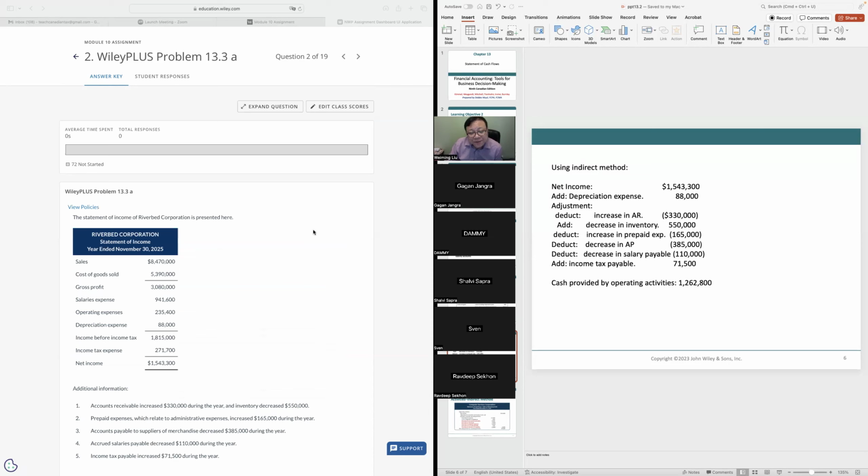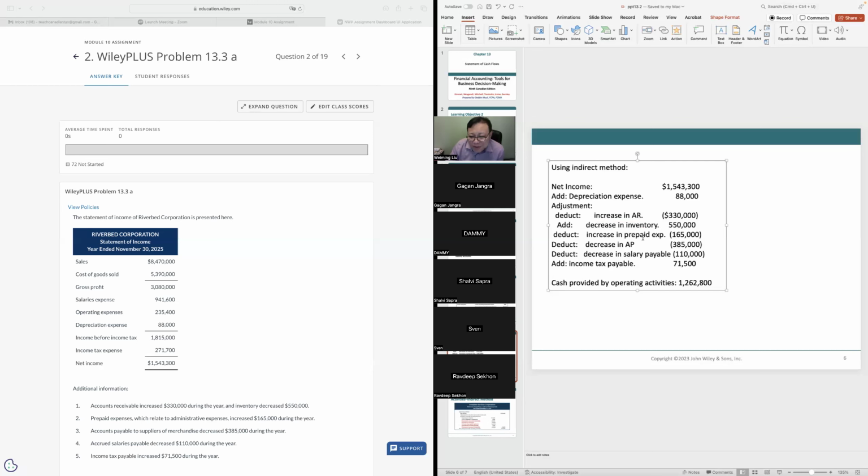So that's a deduction. So an increase in AR is a deduction. An increase in prepaid expense is a deduction. When your current assets decrease, those current assets are converted to cash, so your cash increases. So a decrease in current assets is an add, right?